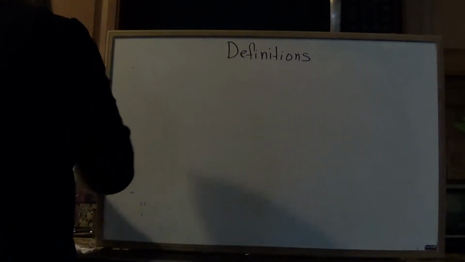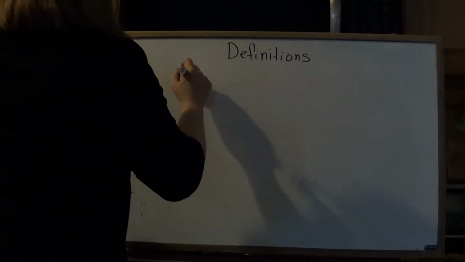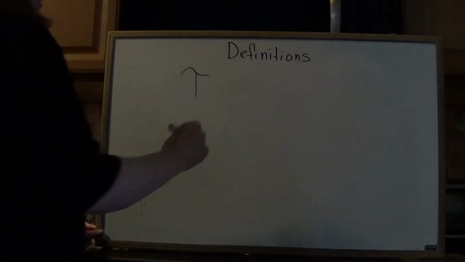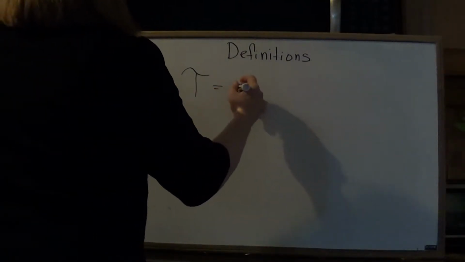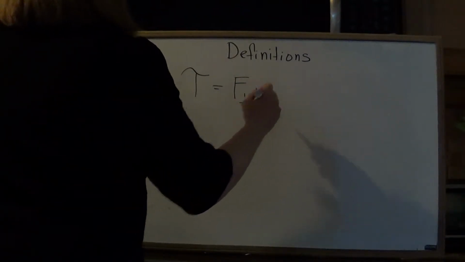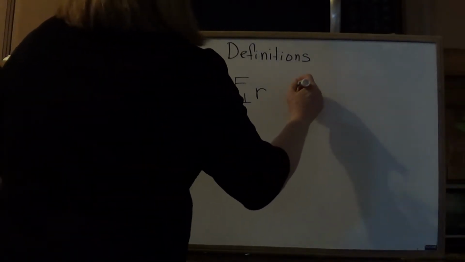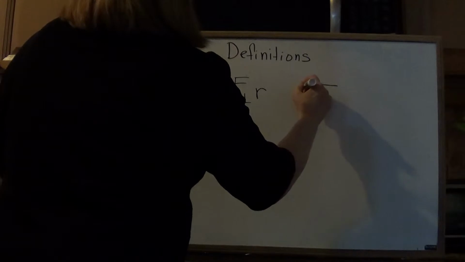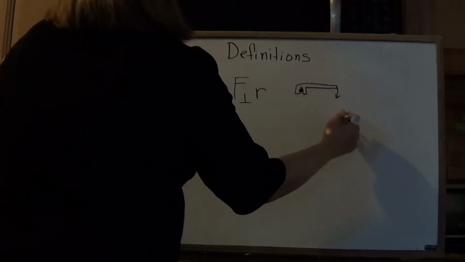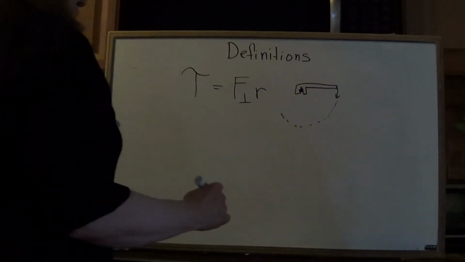So a little bit about torque. Torque has a formula and a symbol. The symbol for torque is a T with a wavy hat, and its formula is force applied perpendicularly times the radius. Notice that torque is describing circular motion. Did you notice that the wrench, when you push down on it, on this bolt here, will cause the end of the wrench to go in a circular pattern?